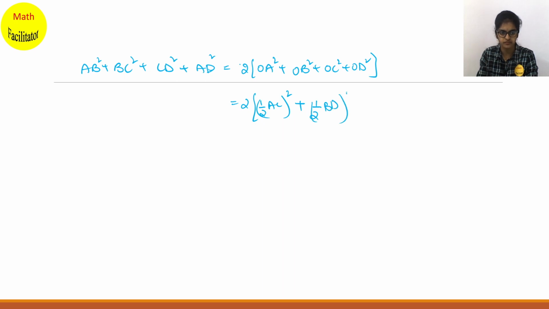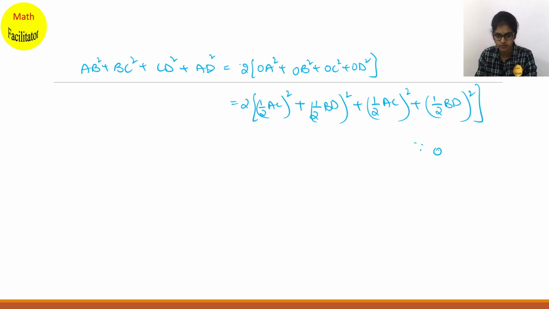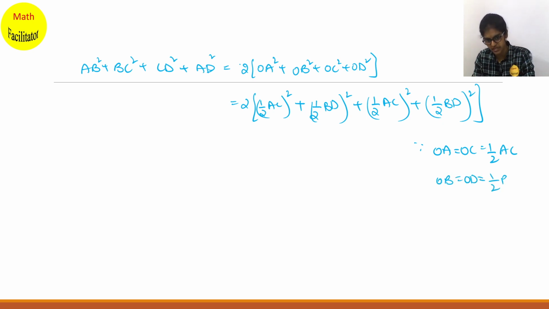You have a square. OC is again half of AC. You have a square. Plus OD is half of BD. Since OA is equal to OC, each is half of AC, and OB is equal to OD, these are half of BD.